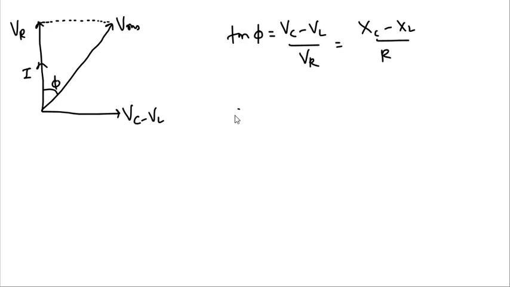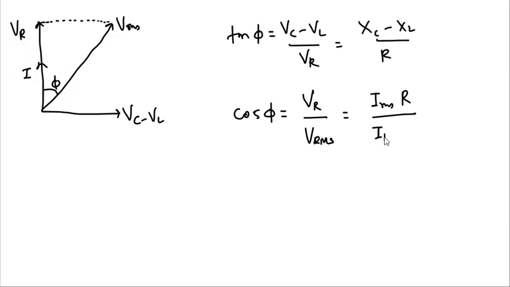Similarly, what will be the value of cos phi? Cos phi will be base VR over hypotenuse VRMS. Putting the value of VR as IRMS into R, and VRMS as IRMS into Z, this gives R by Z. Remember, cos phi is also called the power factor. Also remember two very important things.